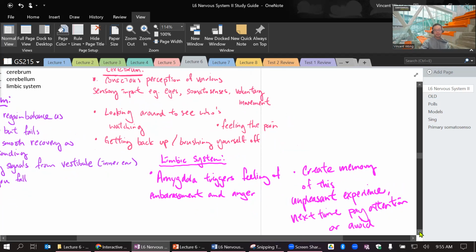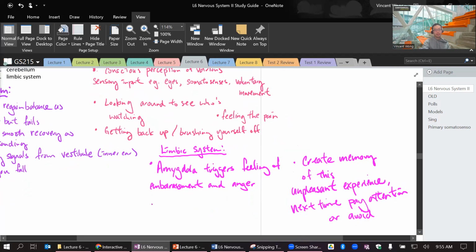Now don't forget there's also the hippocampus, sorry, the hypothalamus. So you might trigger the release of things like adrenaline.